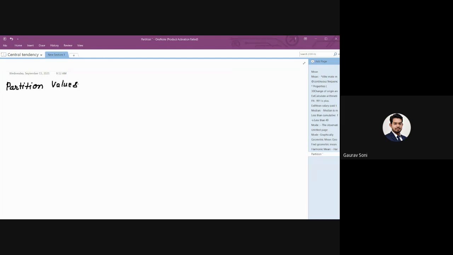So of course, every time we can have the variable or the observations along the x-axis, and we have the frequencies along the y-axis. So this kind of setup can always be there.